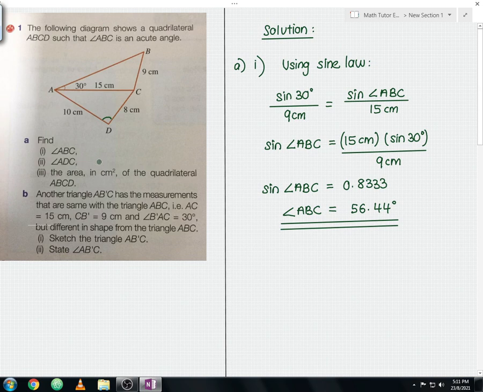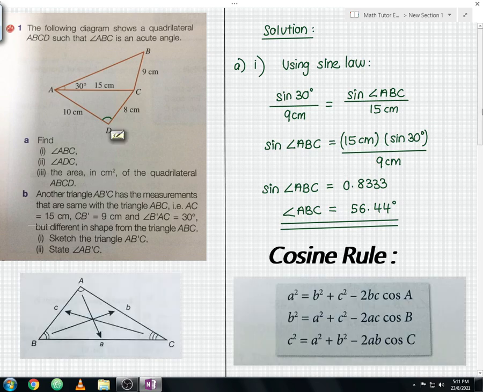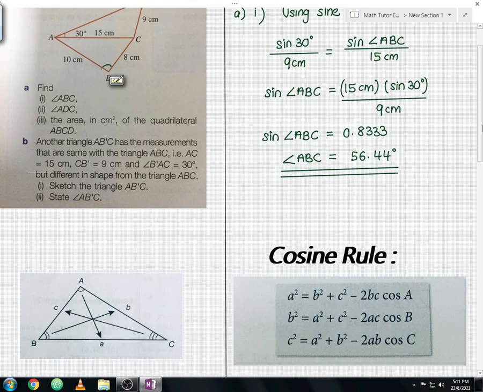We are going to use the cosine rule over here. If you don't know how to use the cosine rule, no worries, I'm going to show you the formula now, so you can use that as your guidance in order to solve the question A part 2. Let me begin the working now.